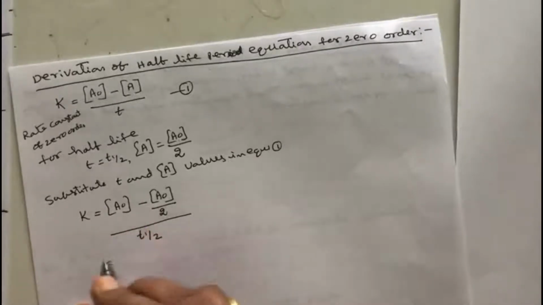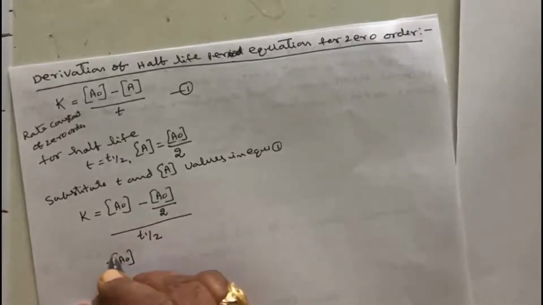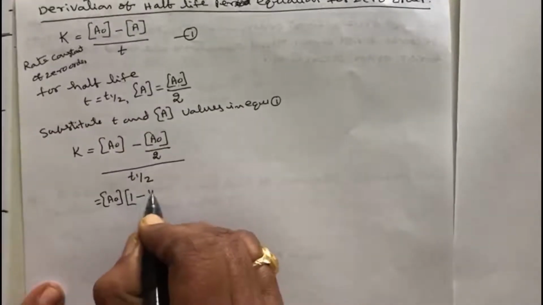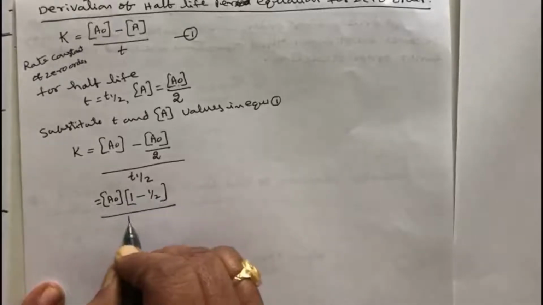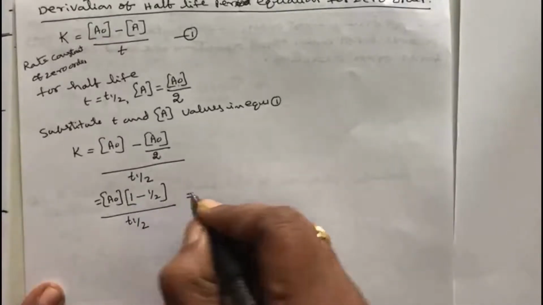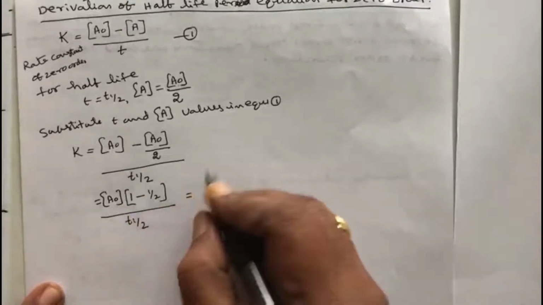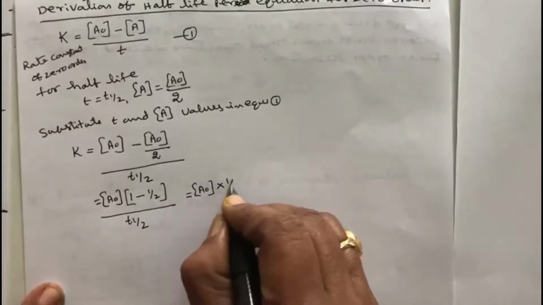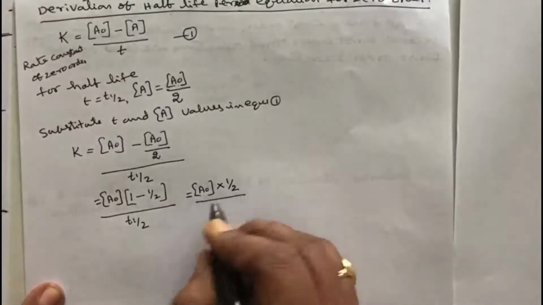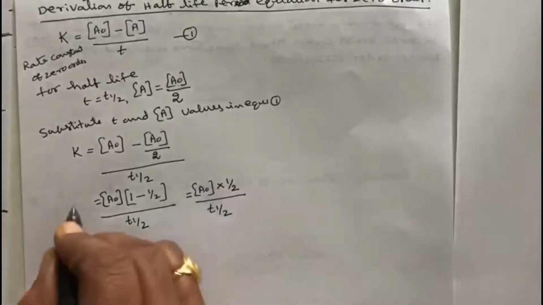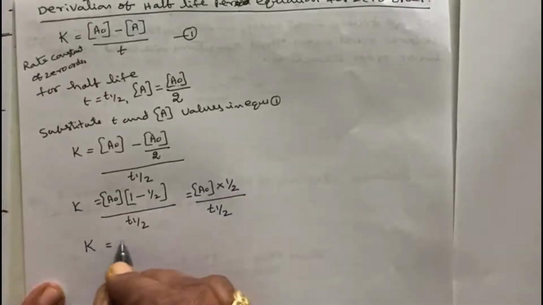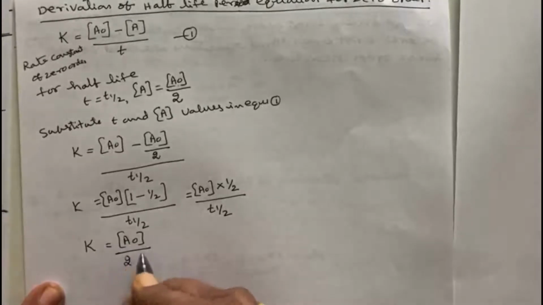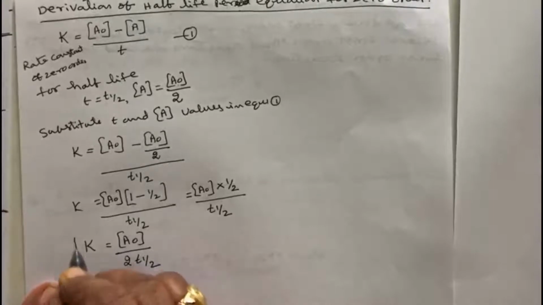In this equation, we take A0 common, then 1 minus half, that is equal to half. So K equals A0 concentration multiplied by half by T half. So the equation can be written as K equal to A0 concentration by 2 multiplied with T half.